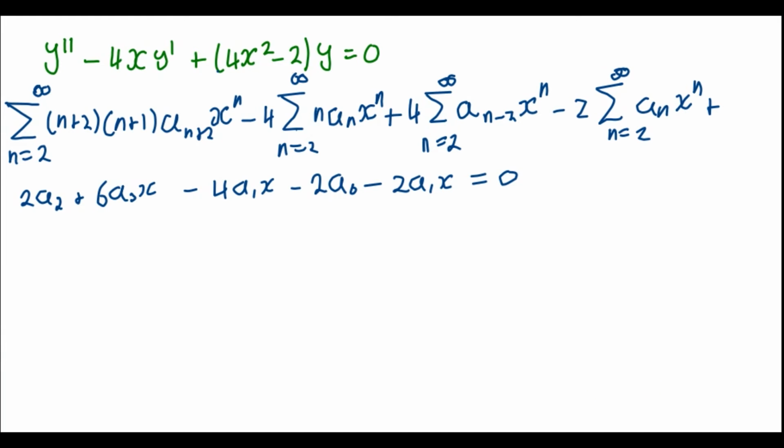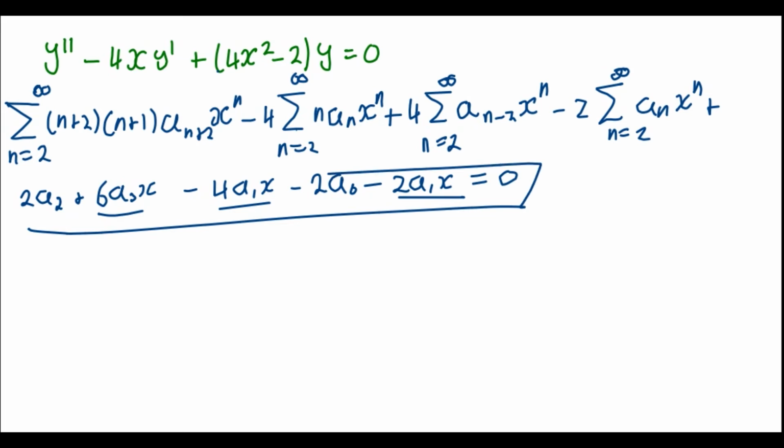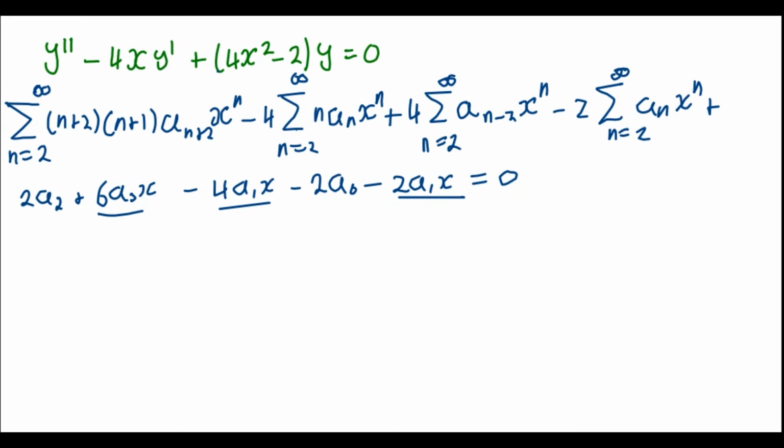So you can try to simplify this one. You observe that I have x on this part, x on that part, and x on that part there. Then for these ones, it doesn't have an x. So let me just focus on this one for now. Let me show you how it's going to be. So if I say 2a sub 2, then I place it with that one, which is minus 2a sub 0.